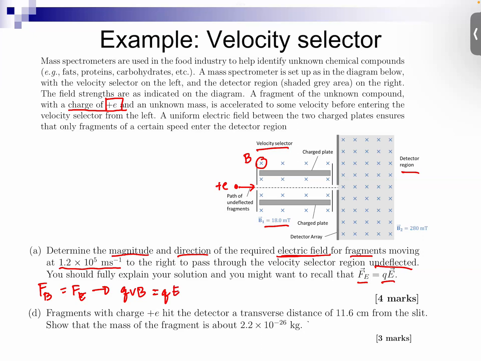We're talking about the same charge that experiences the force, and hence Q will cancel on both sides of the equation. Therefore, we are able to find the electric field. The speed is given as 1.2 times 10 to the 5, and we simply multiply that by the magnetic field in the velocity selector, which is given as 18 times 10 to the minus 3 Tesla.